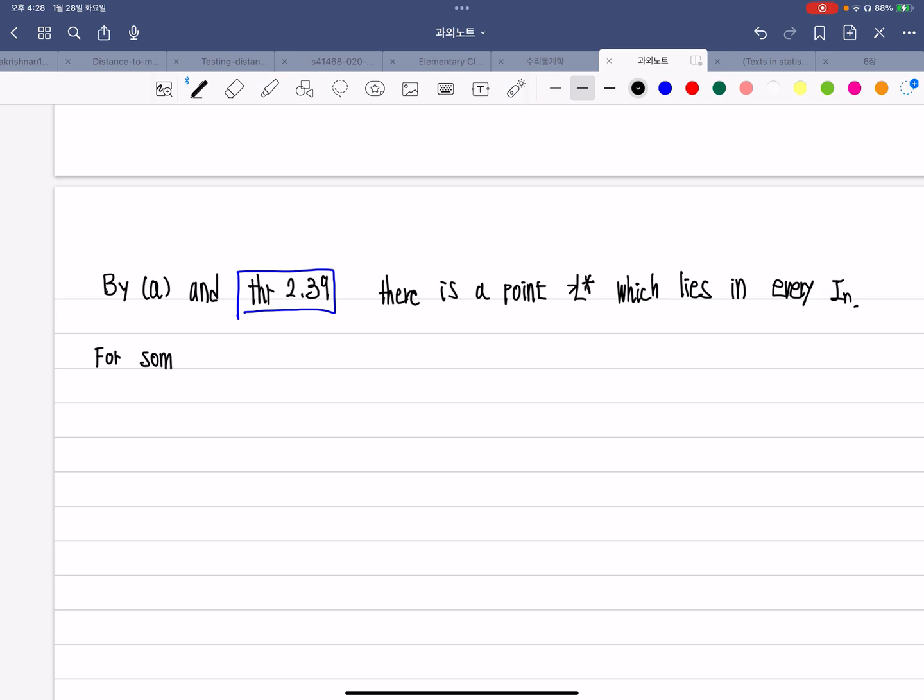And for some alpha, x star is contained in G alpha. Why?